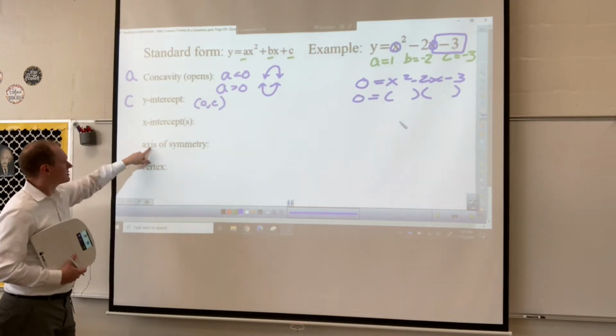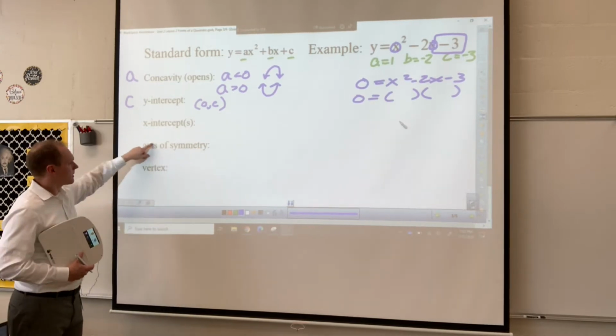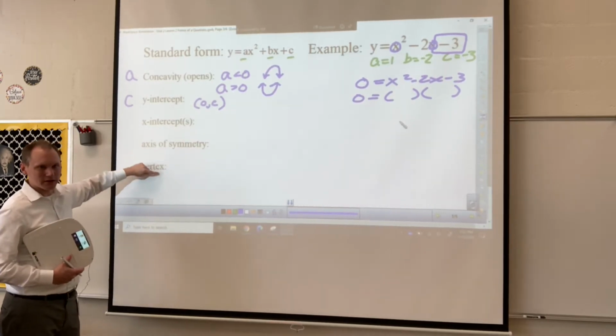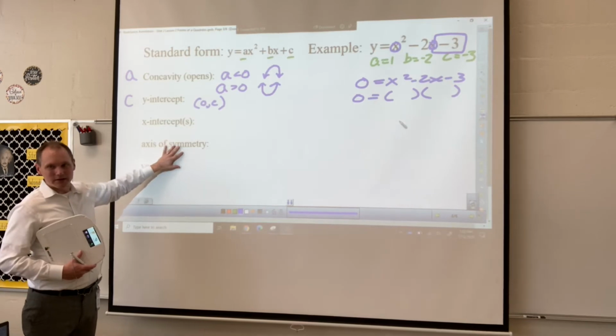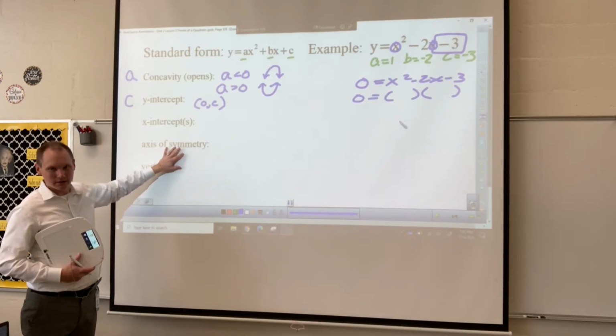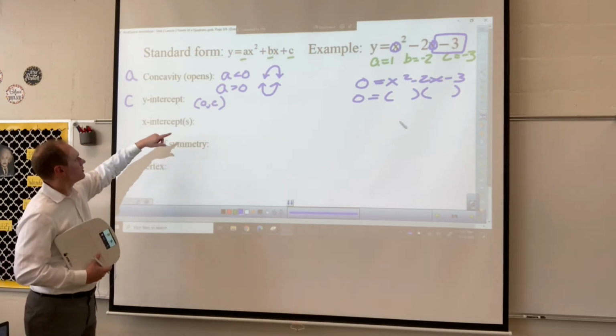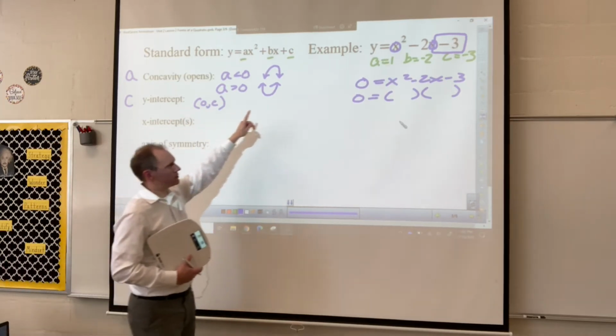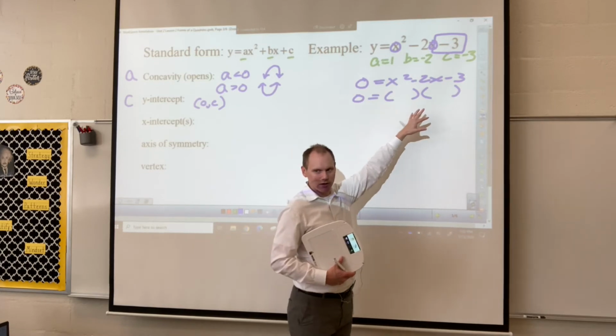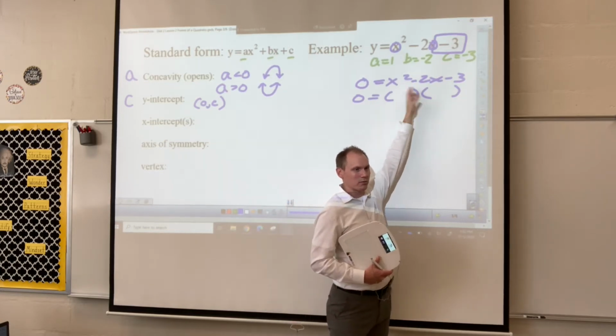All right? Axis of symmetry. Kind of goes along with vertex here. Those we cannot find easily either. Okay? One last thing before we move on to the next form, though, is going back to the x-intercepts. I believe y'all looked at the quadratic formula before, right? Have y'all seen that at all? If you have, the quadratic formula can be used to solve this.